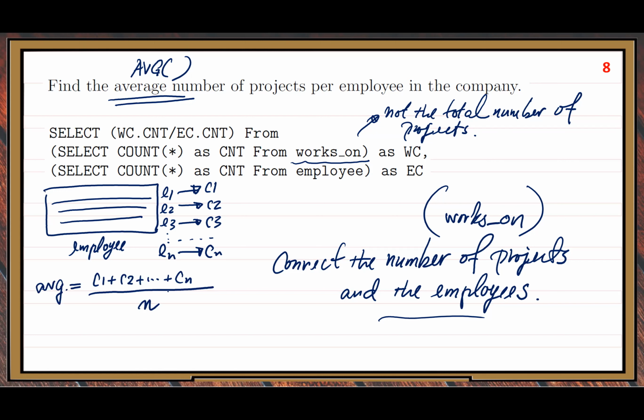So here you can see each project is counted multiple times, not once, because there are many employees who may work on one particular project. So how do we get this total count number? From the works on table.